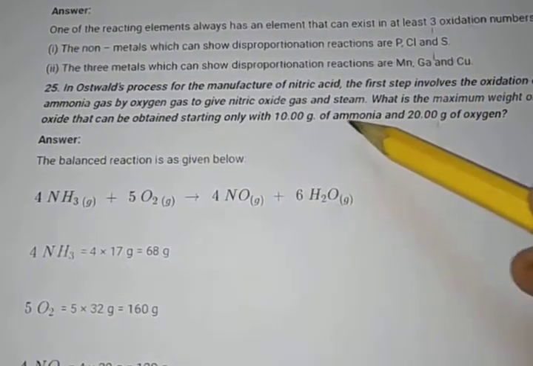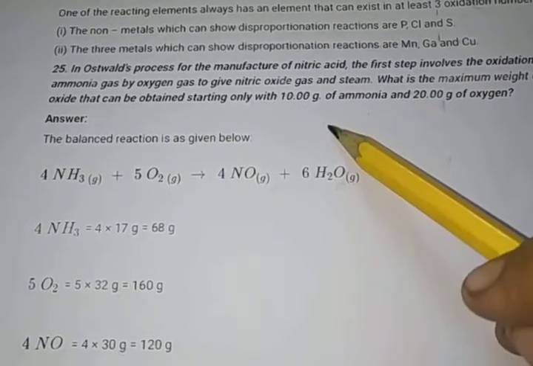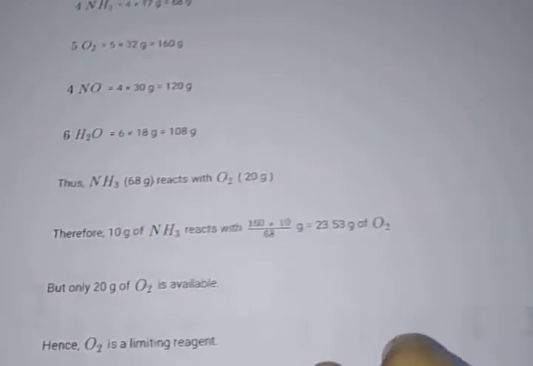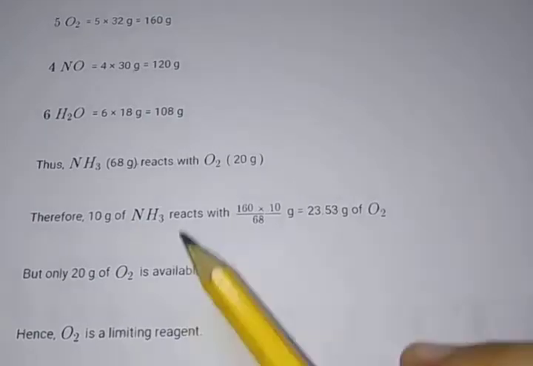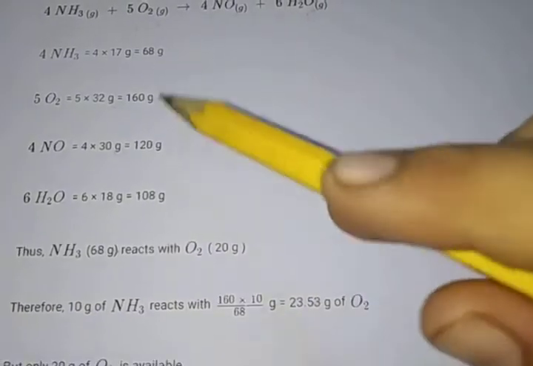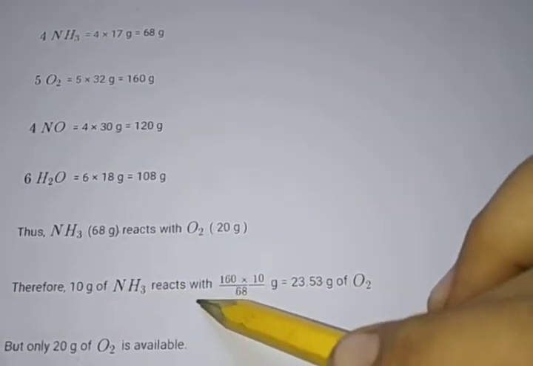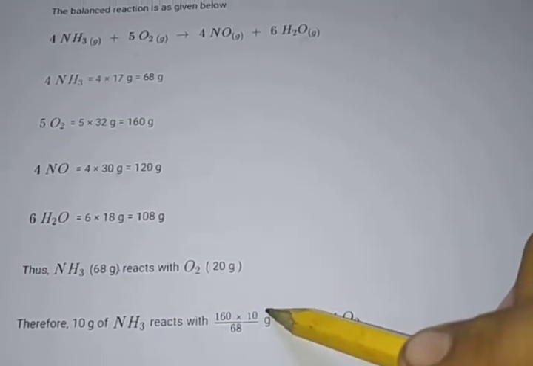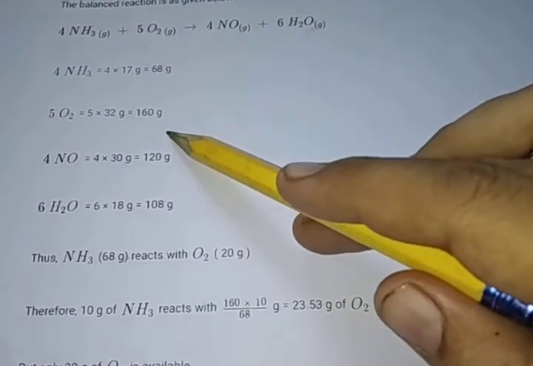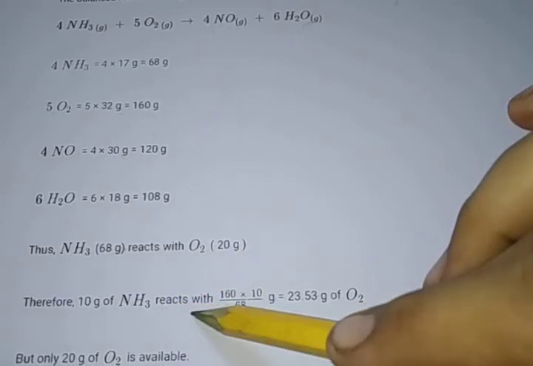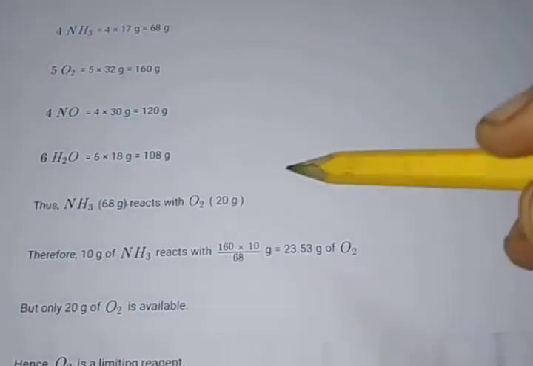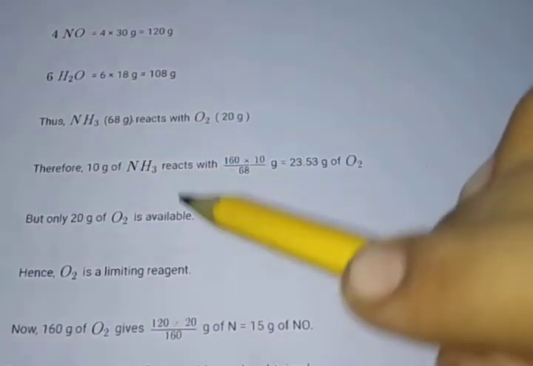Here 10 gram of ammonia and 20 gram of oxygen react, and we want the maximum weight of NO formed. Only 20 gram of O2 is available, and NH3 ammonia is 68 gram its molecular weight. So 10 gram of ammonia reacts with 160 into 10 upon 68 of O2, so we calculate 23.53 gram of O2. But only 20 gram of O2 is available, so O2 is the limiting reagent.